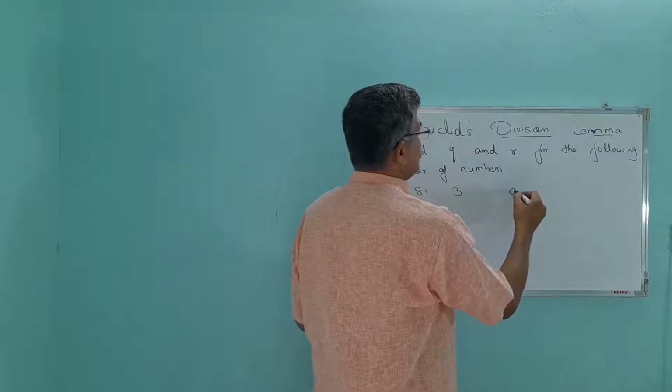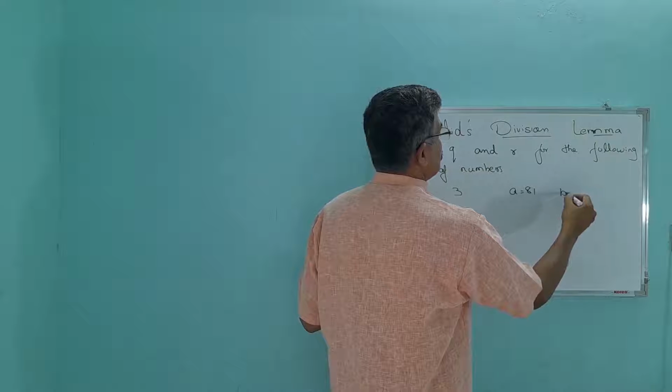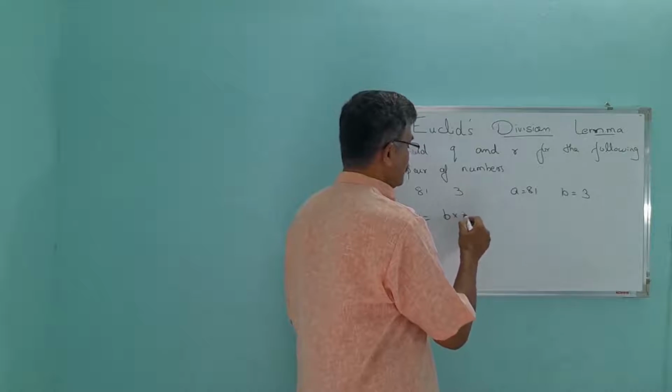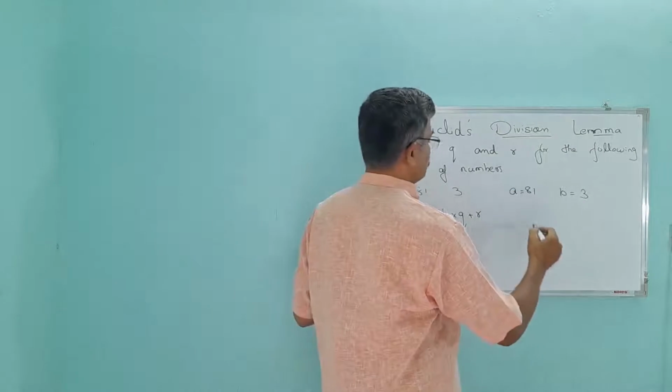Next, here a is 81 and b is equal to 3. So 81 is equal to b into q plus r. 81 divided by 3: 3 times 2 is 6, then 21, remainder 0.